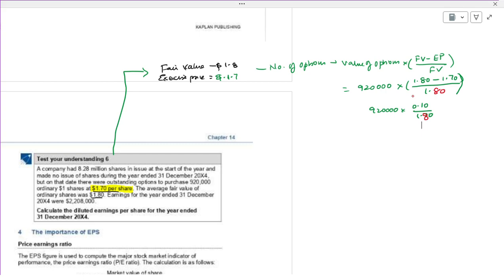How much does it come to? 9200 times 1 over 18 comes to 51111. 5 times 1.